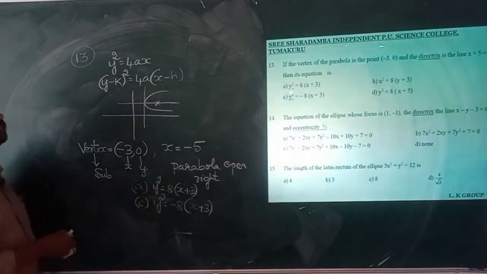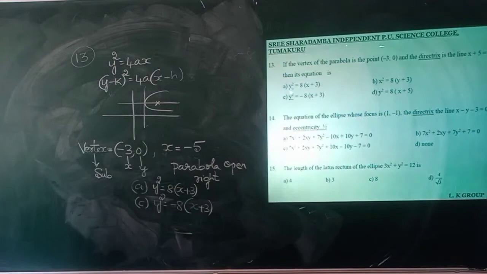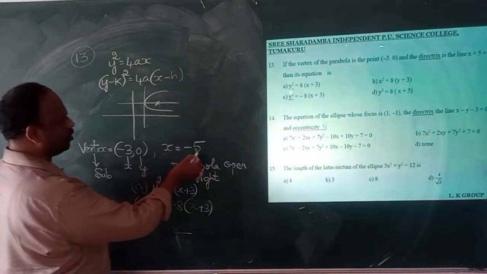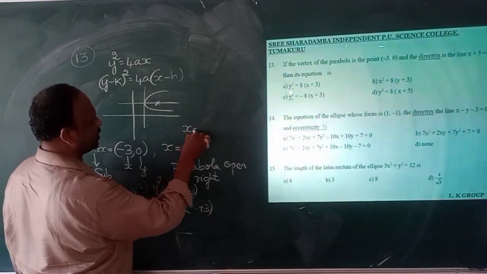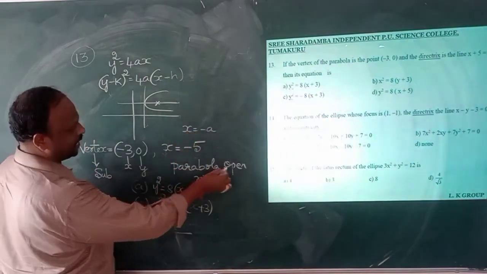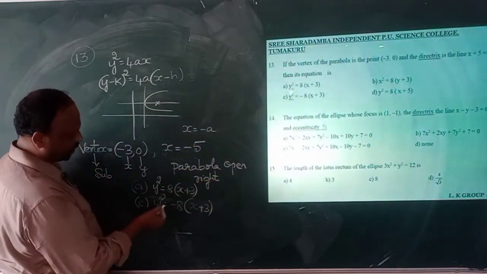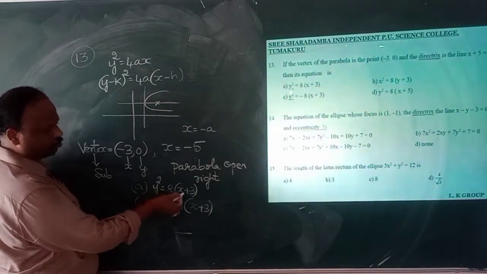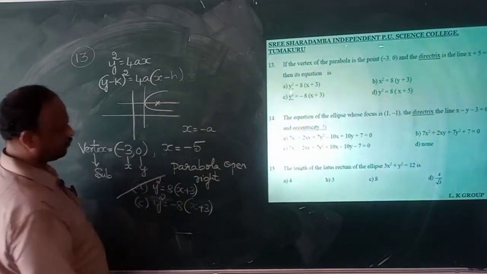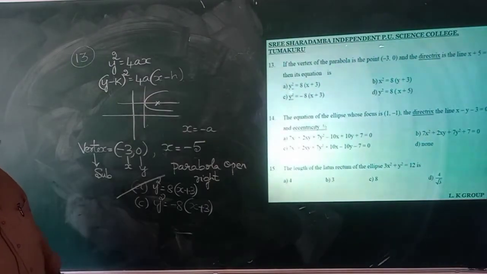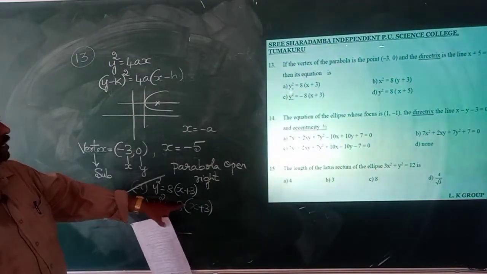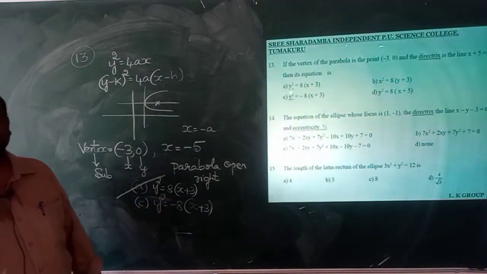So how do we conclude the correct option? Now x is equal to minus a. Whenever x is equal to minus a, the parabola opens right. Whenever the parabola opens right, y square is equal to 4ax. So y square is equal to 8 into x plus 3 is the answer.